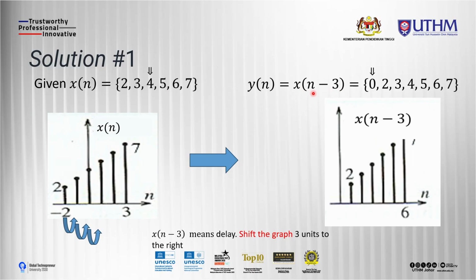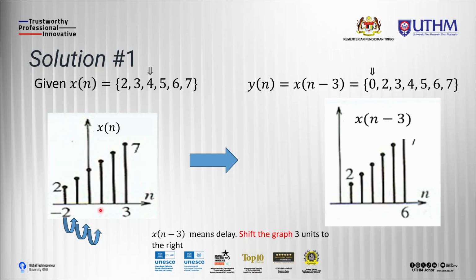This n minus 3 means delay. So you need to shift the graph 3 units to the right. For example, I take the first value here: 1 unit, 2 units, 3 units to the right.